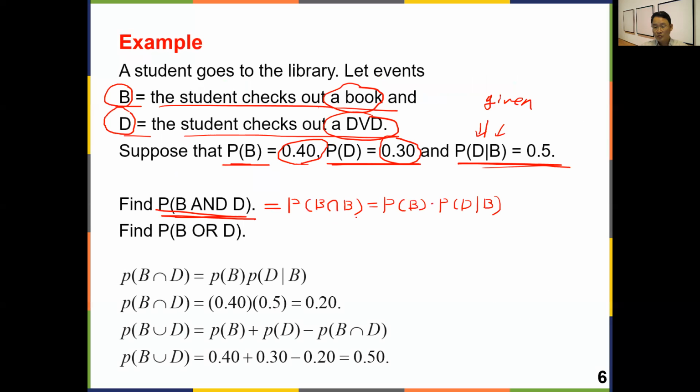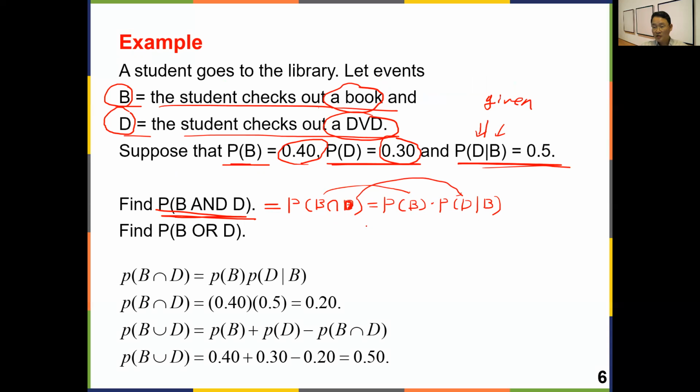Oh, sorry about that, that should be D. So probability of B and D would be probability of B, the first one, times probability of D, the second one, given the first one.